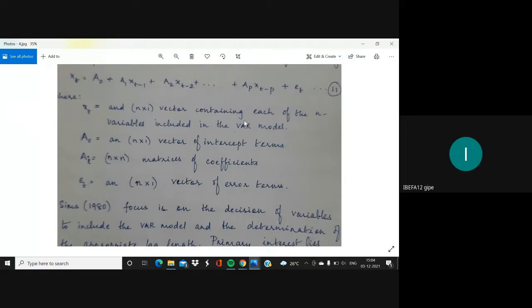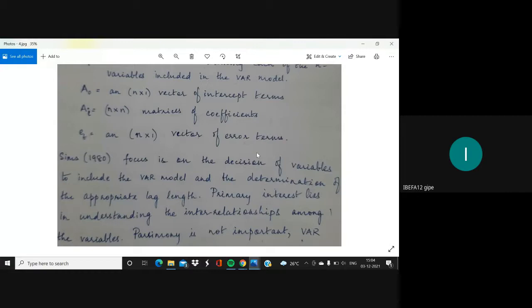But in a VAR model, the focus is completely different. It does not really matter if you have too many variables and too many lags in your VAR model, since the focus in any VAR model is to look at the relationship between the variables. So the researcher or the econometrician will not really be concerned about having too many lags in the model.